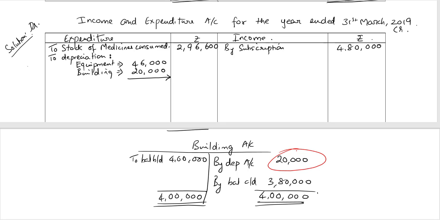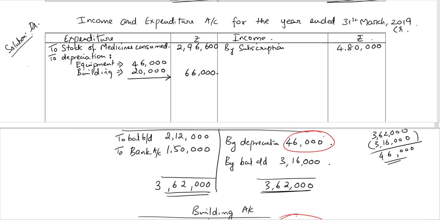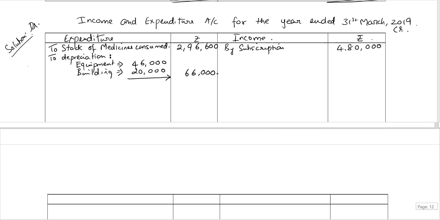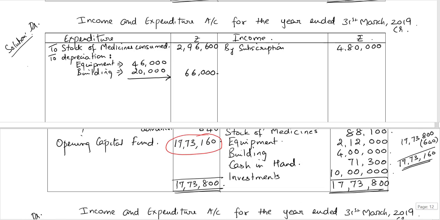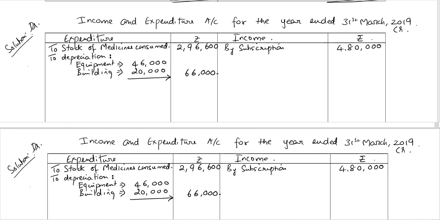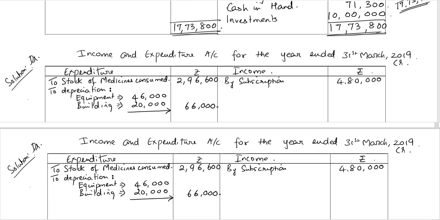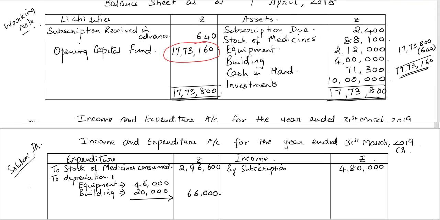The total depreciation, 66,000 rupees. Now we will bring the income and expenditure account to the bottom half of the screen and scroll up to the top for the question.